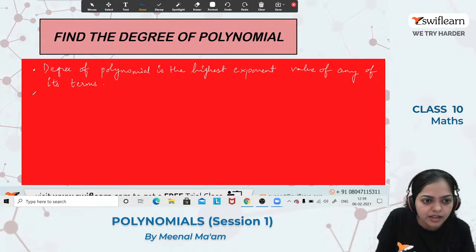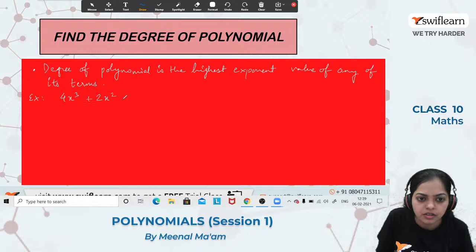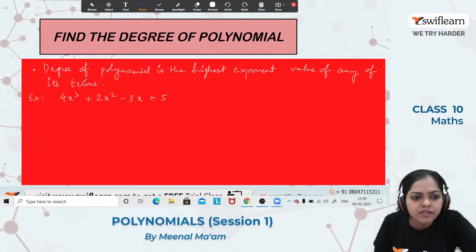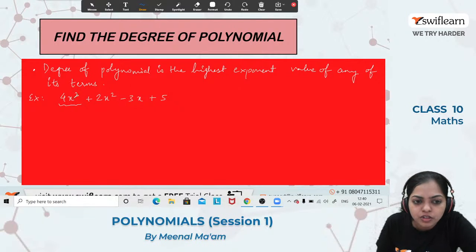Alright, I will give you one example. The example is, if I say 4x cube plus 2x square minus 3x plus 5. Now if I ask what is the degree of this polynomial, you have to find the degree of the polynomial. So let's move on to each term. Here the value of the exponent is 3.